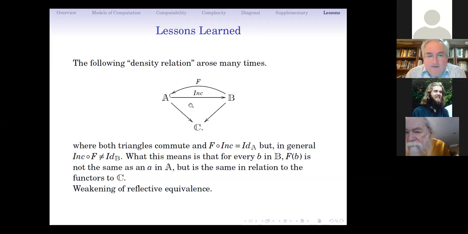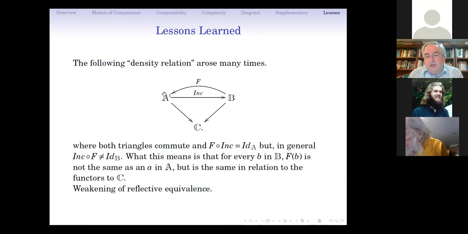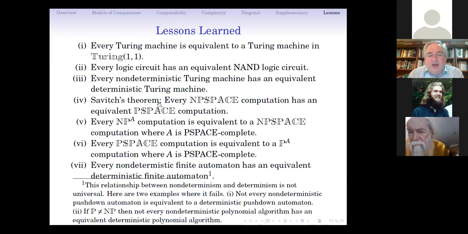Every non-deterministic Turing machine has an equivalent deterministic Turing machine. So this is deterministic. It includes into non-deterministic. You can go that way, but it doesn't give you the same thing. Savitch's theorem is a theorem about the complexity theory of space: every NP space, non-deterministic polynomial space computation, has an equivalent P space computation.